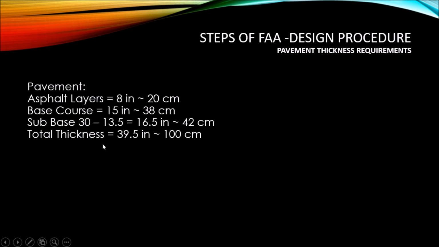And then the total thickness will be equal to 8 inches plus 15 inches plus 16.5, which is 39.5. In centimeter, it is 20 plus 38 plus 42, which is equivalent of 100 centimeter. So this is how to design flexible pavement using the Federal Aviation Administration design procedure.